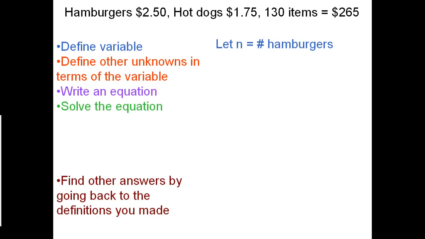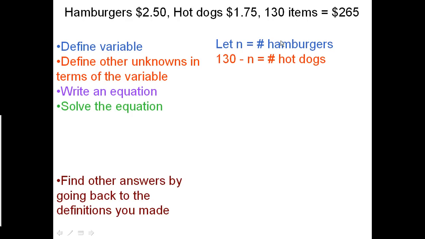I define the other unknowns in terms of that variable. Well, we know there were 130 items sold, 130 hamburgers and hot dogs combined. So if n's the number of hamburgers sold, the rest of the stuff must be hot dogs. The rest of the stuff is 130 minus n.